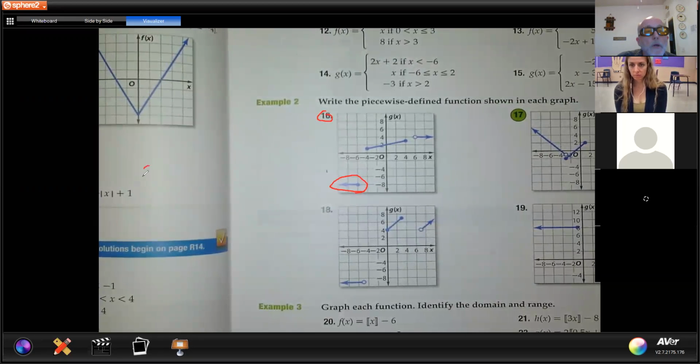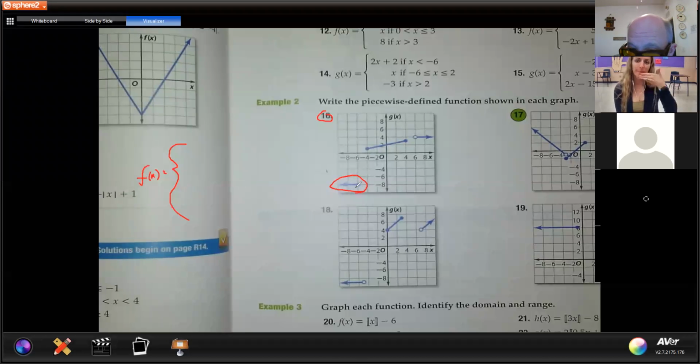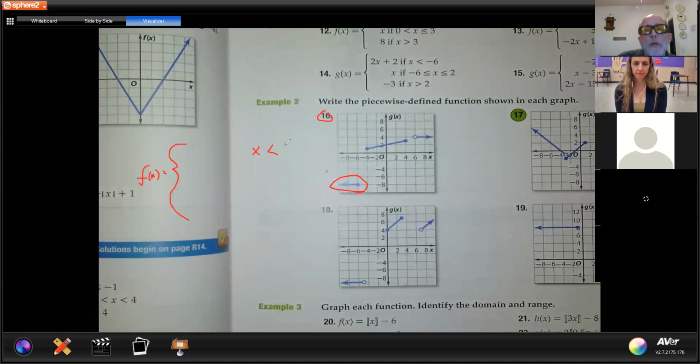So if I was graphing my equation or writing my equations, the first thing I would do is start with where am I going? Where does it start? It starts at -6. And look, it's an open circle. So that means all the numbers smaller than -6. Now look at this middle graph.